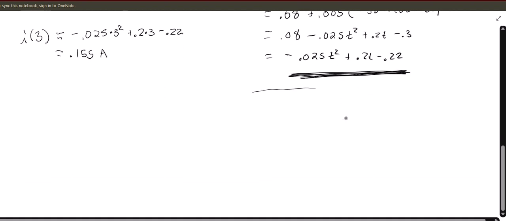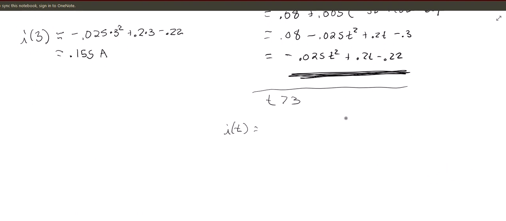Okay, so now for t greater than 3, we have I of t equals I of 3 plus 1 over L times the integral from 3 to t of v of t dt, which is I of 3 plus 1 over 0.2.